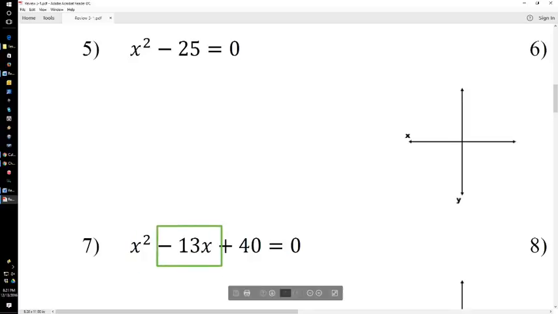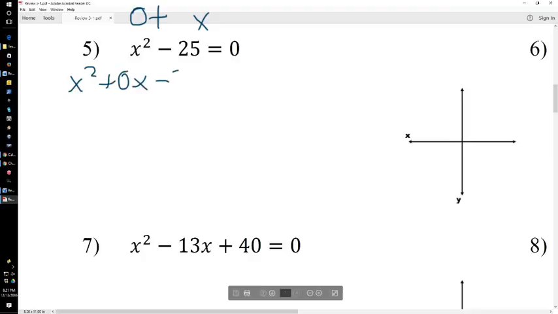You've got this negative 13x. Well, on 5 and 6 you've got your x squared and you've got your units. You're just missing that middle term. So what we're going to do this time is find what multiplies to negative 25 but adds up to 0. This is like having x squared plus 0x minus 25.